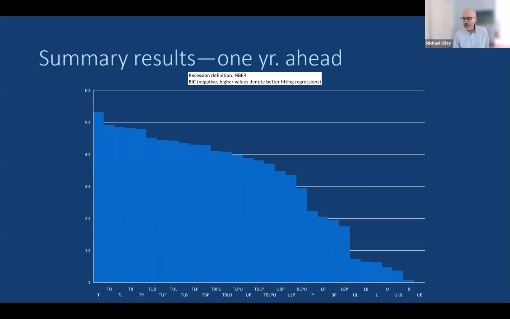So this graph summarizes, for the NBER recession, the fit of all 31 of those possible recession prediction models. What I present in this graph is the relative Bayesian information criterion, a measure of fit.